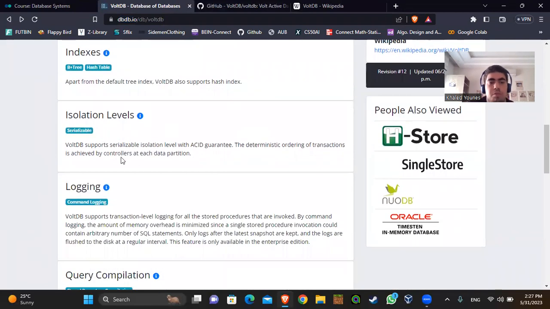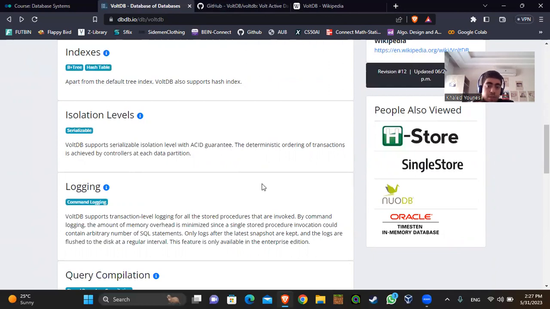Isolation level. VoltDB supports serializable isolation level with ACID guarantee. What does this mean? As I said before, VoltDB is ACID compliant, so it supports good isolation while maintaining the ACID properties, as mentioned before. The deterministic ordering of transactions is achieved by controllers at each data partition.